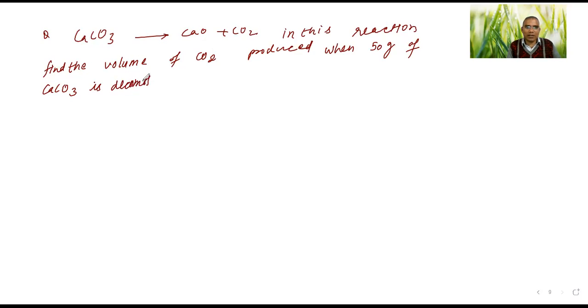See how difficult this problem looks, but the problem is very, very easy.